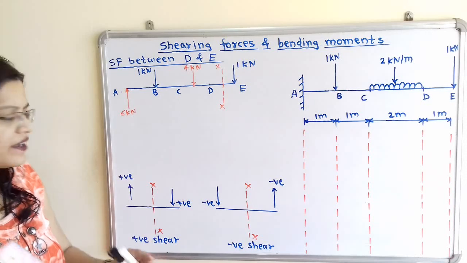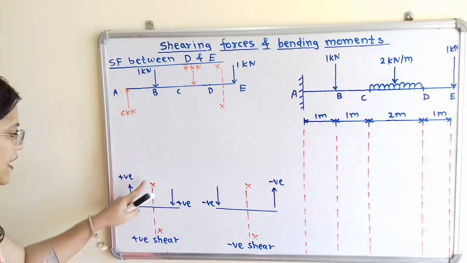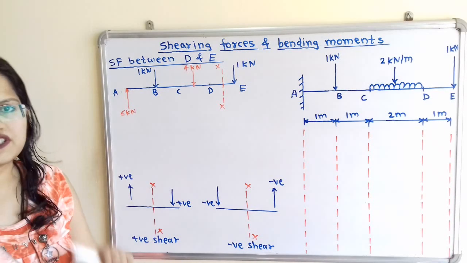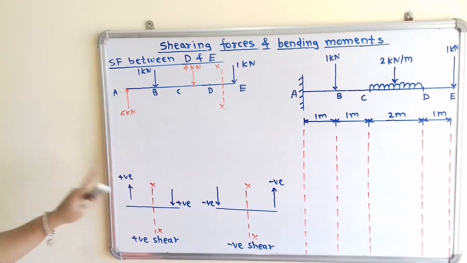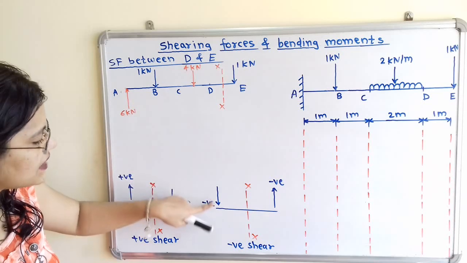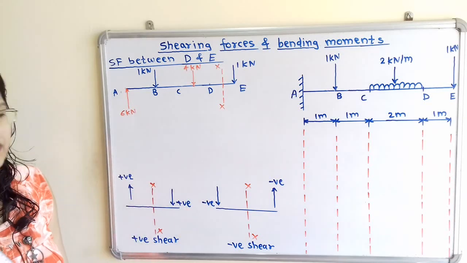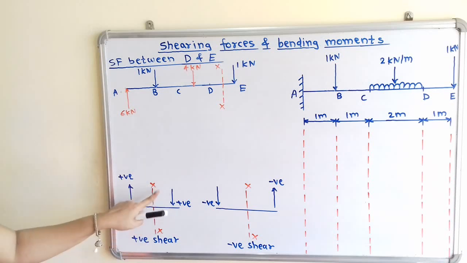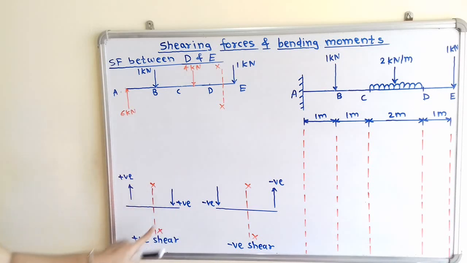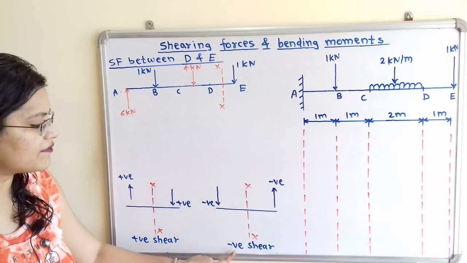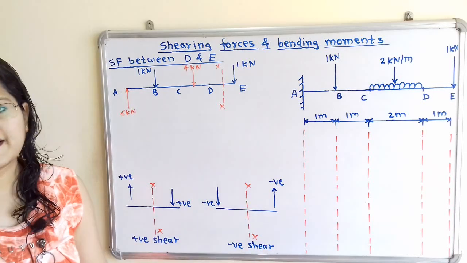In the same way, on the left hand side of the section line, if the forces are in upward direction we will consider the positive sign, and if the forces are in the downward direction then we will consider the negative sign. So for the positive sign we will consider the positive shear, and for the negative sign we will consider the negative shear.